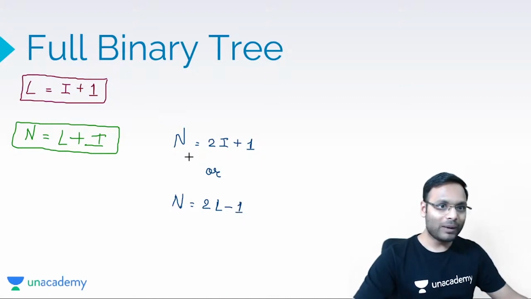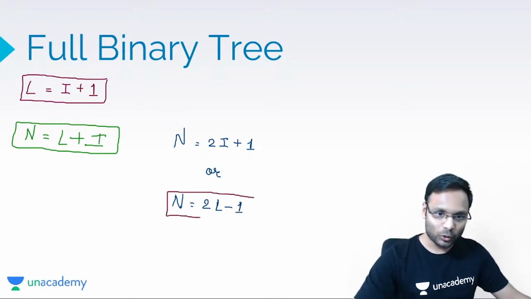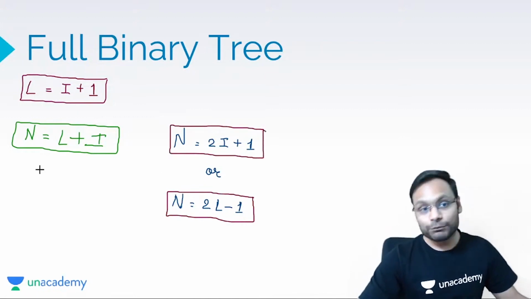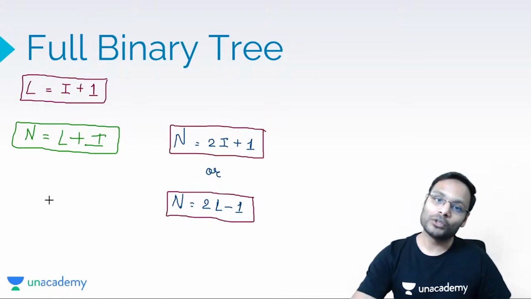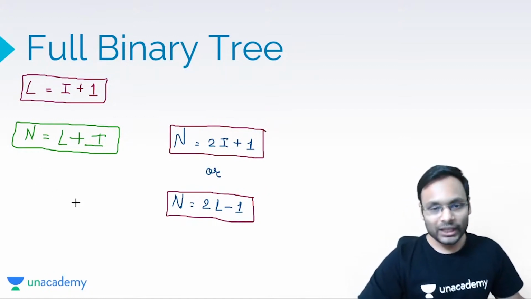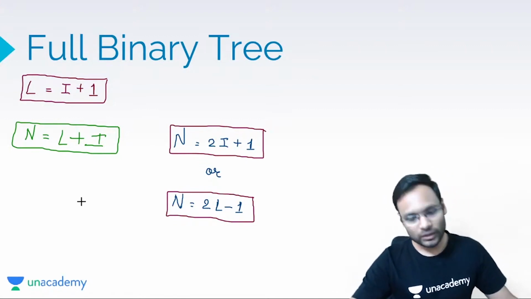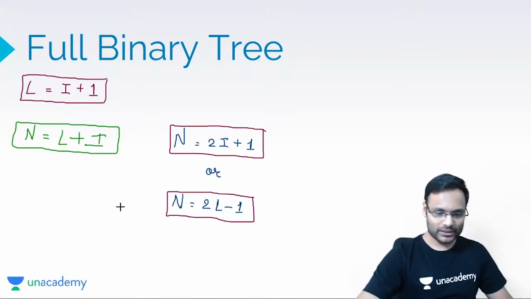So in a full binary tree, if the total number of nodes is given, you can calculate internal nodes and external nodes both. If leaf nodes are given, you can calculate internal nodes and the total number of nodes. If internal nodes are given, you can calculate leaf nodes and the total number of nodes. You can calculate all of it easily.